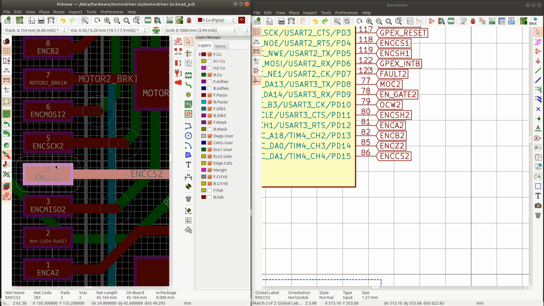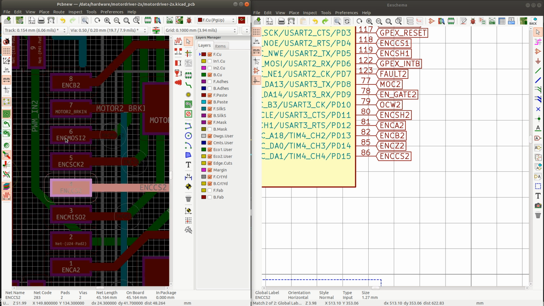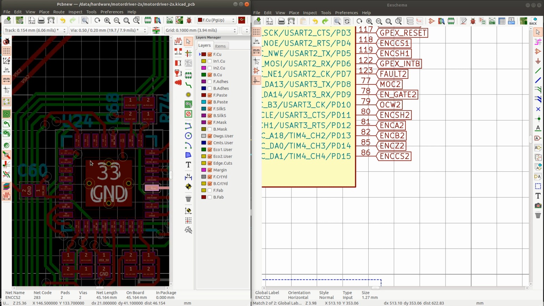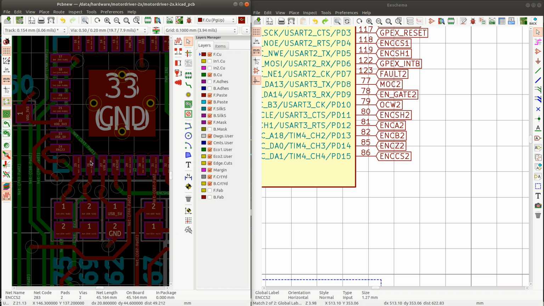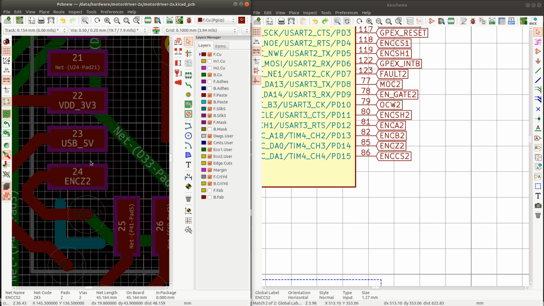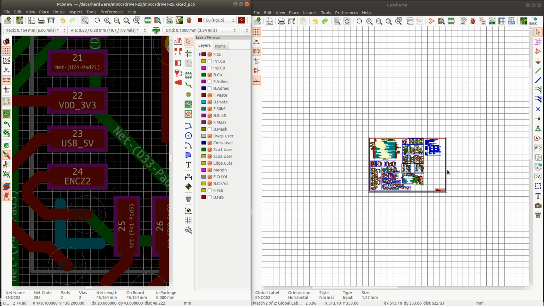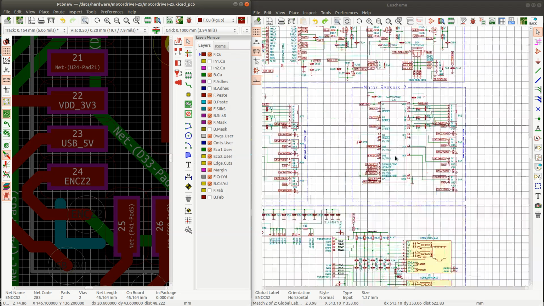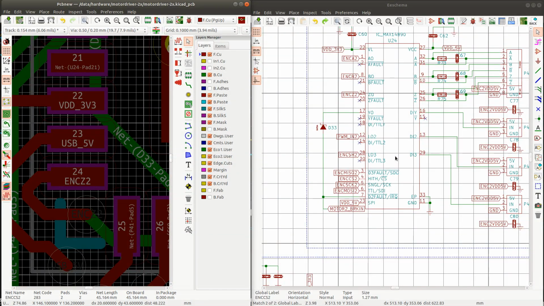I'm going to check if I have power here. So I should have 5 volts there. 23. That's the SPI. Yeah, maybe the SPI pin is not connected. That's worth checking.